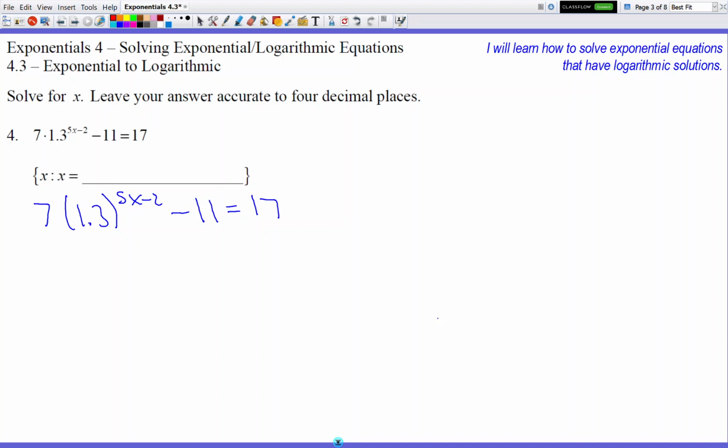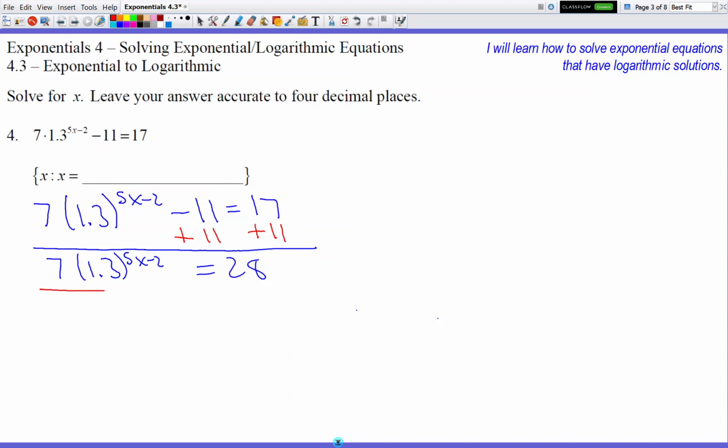We're going to take away the negative 11 first. So we're going to add 11 to both sides. And we're going to get 7 times the quantity 1.3 to the 5x minus 2 power equals 28. Then we're going to get rid of the 7 by dividing both sides by 7.